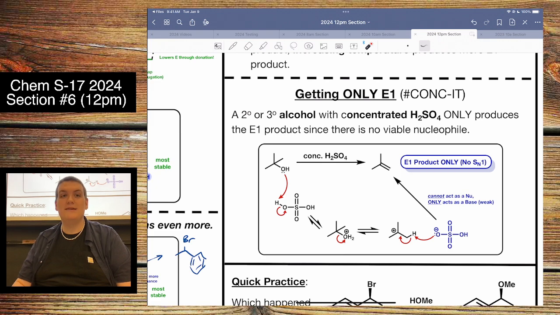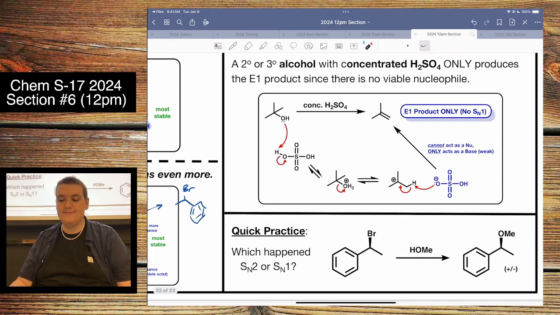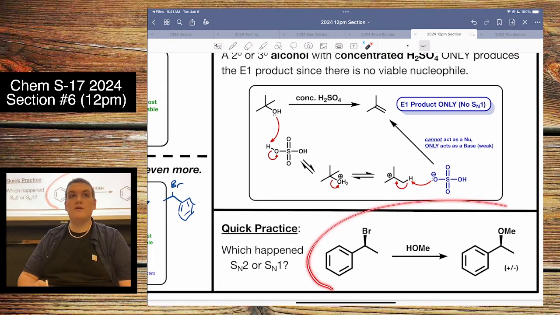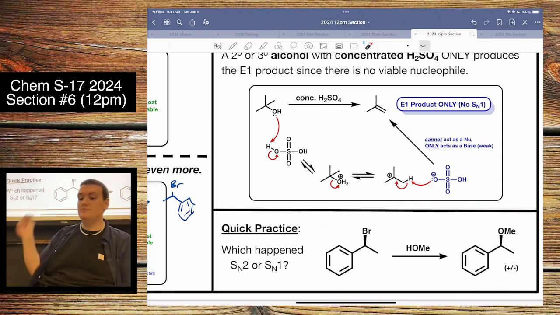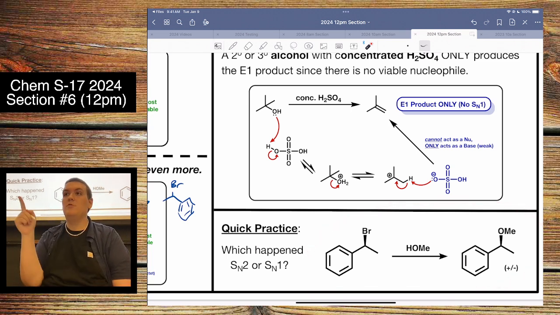I just spoke a lot of things at you. Let me give you a short exercise. So I want you to put on your investigative journalism hats. I've given you a reaction here, and I want you to determine whether this reaction, which is some sort of substitution, is SN1 or SN2.